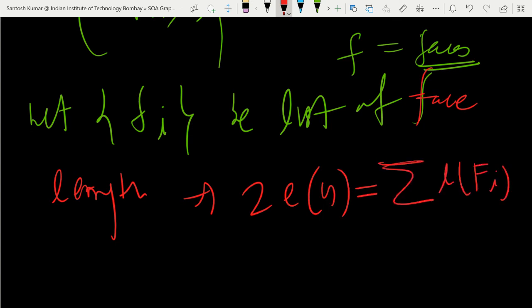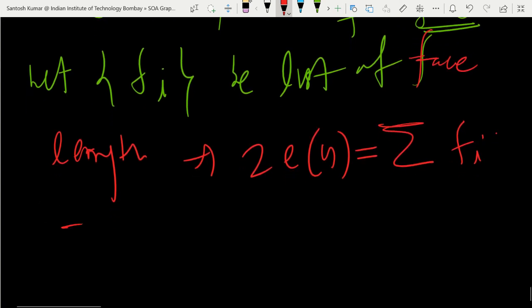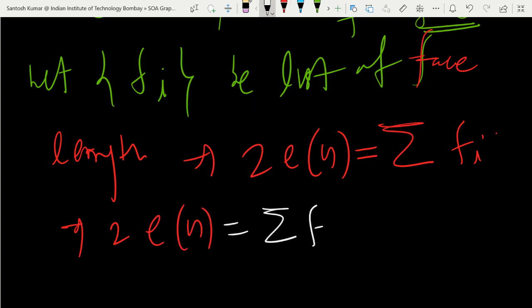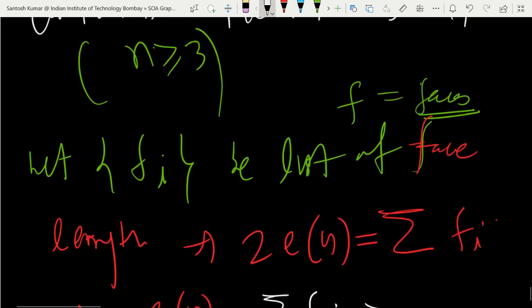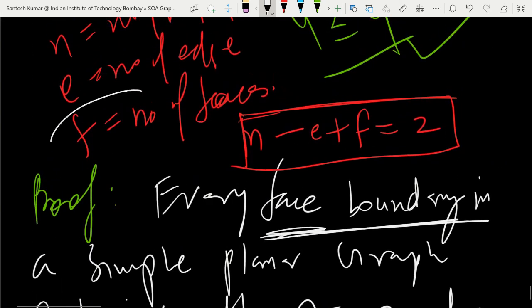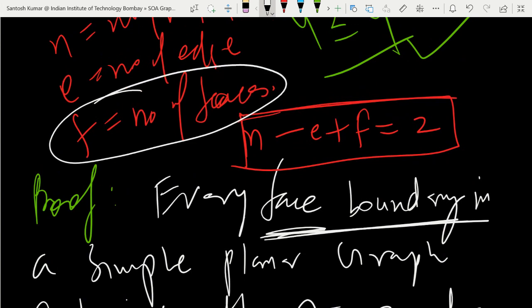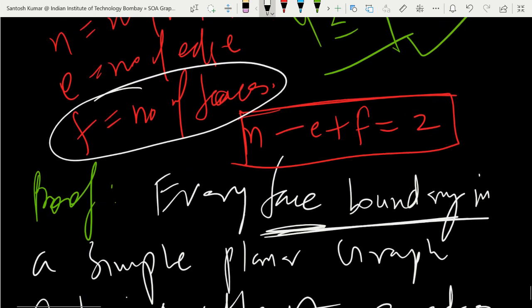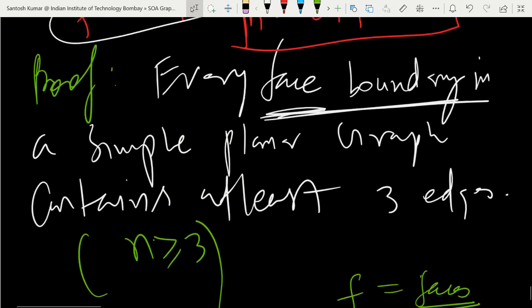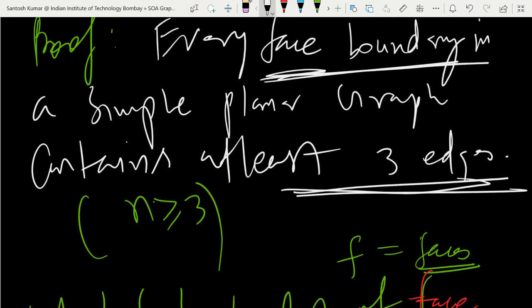So I'm denoting this capital L(F_i) as small f_i. Now 2 times E(G), I'm writing the same thing, the sum of f_i, and this is going to be greater than or equal to. So what do you know about F? F is the number of faces, and each face will have at least what length?